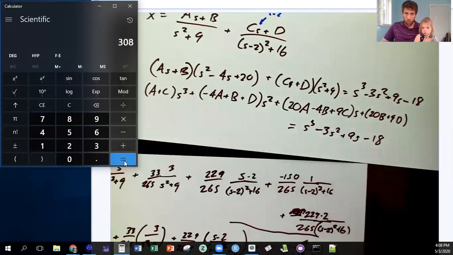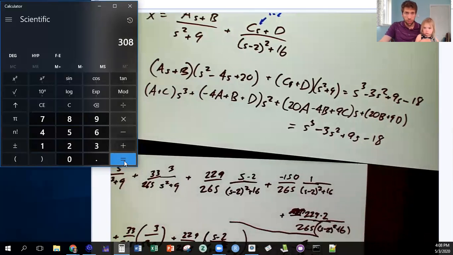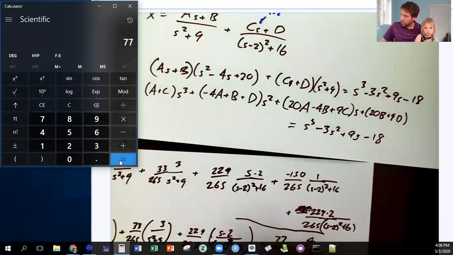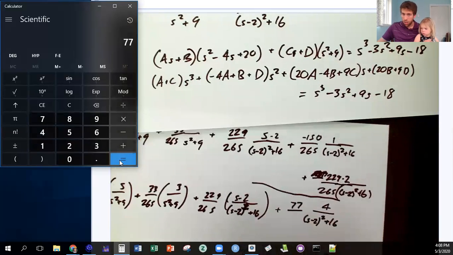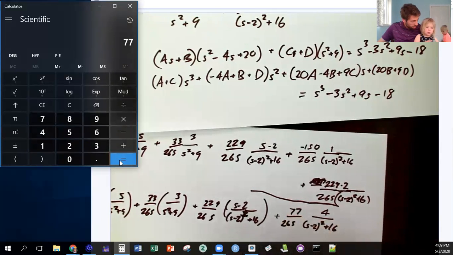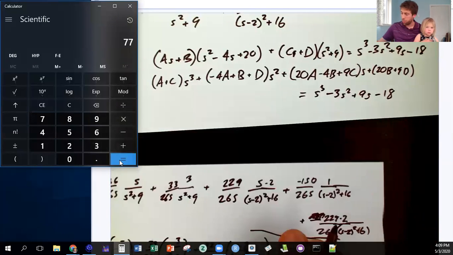So I'm going to take a 4 out of the 308. And so dividing that by 4 is 77. So plus 77 over 265. Can you see that? You can see it? Good. Did I make any mistakes? Okay. Well, I've got her seal of approval, so I think I'm mistake-free at this point.